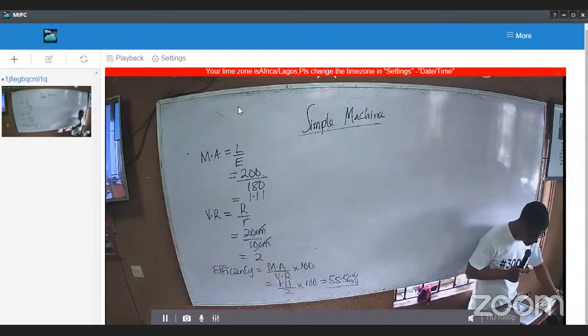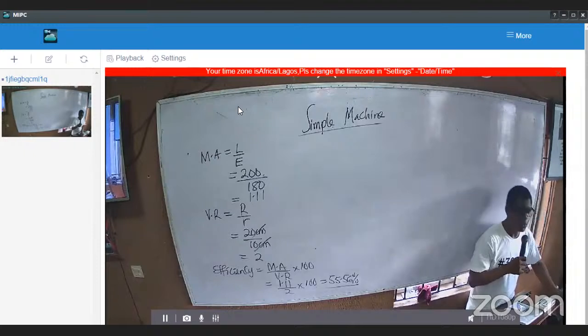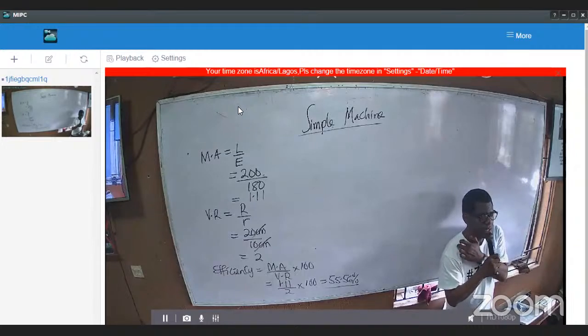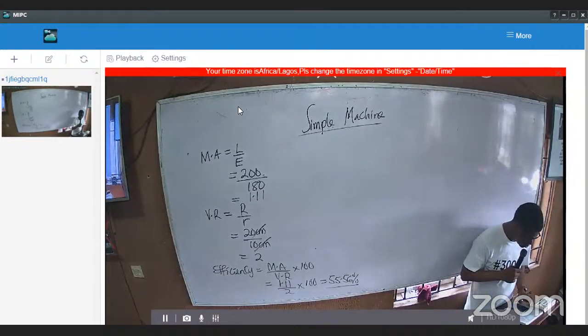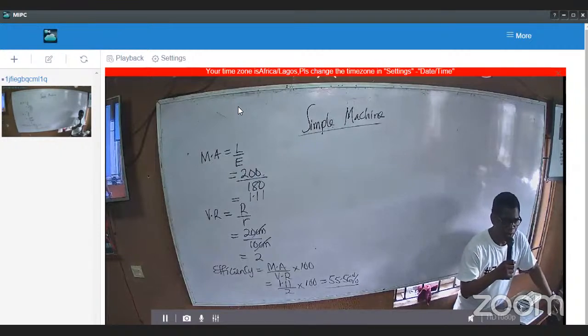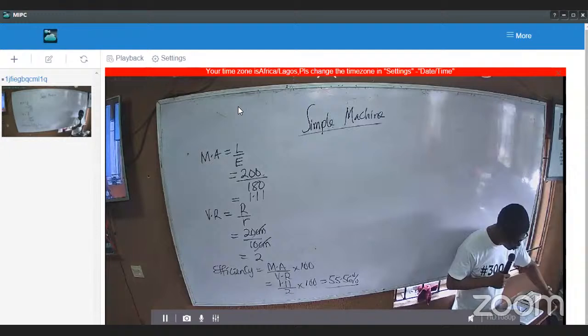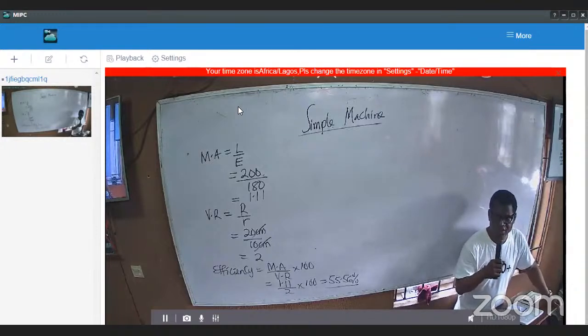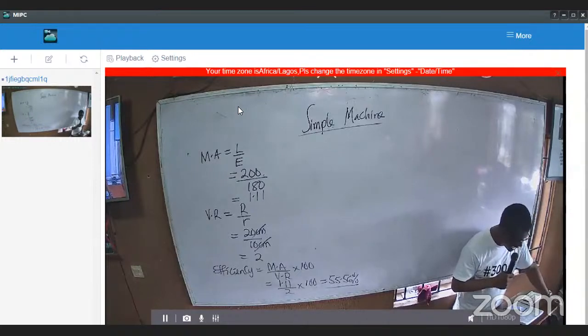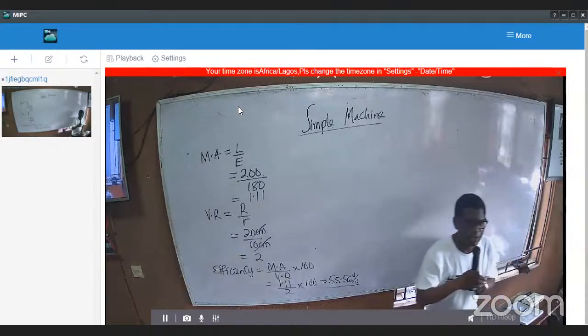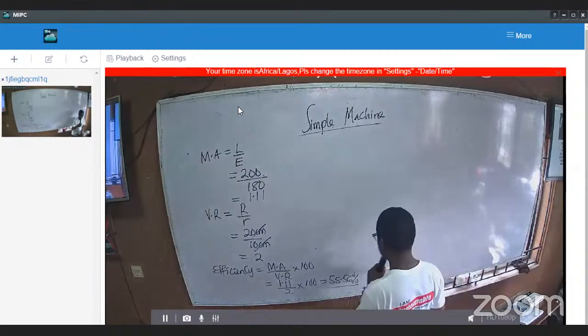Calculate the work done using a machine to raise a load of 10 kilograms through a vertical height of 2 meters. 10 kilograms through a vertical height of how many meters? 2 meters.